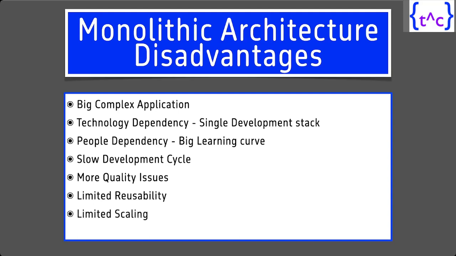Another, limited scaling. When we talk about scaling, we assume no worries, I'll deploy more and more instances of the application, which is fine, but it's not only about deploying the instances, it's about the cost of deployment also. Whenever huge application instances are deployed, it will be a huge cost from the hardware side.